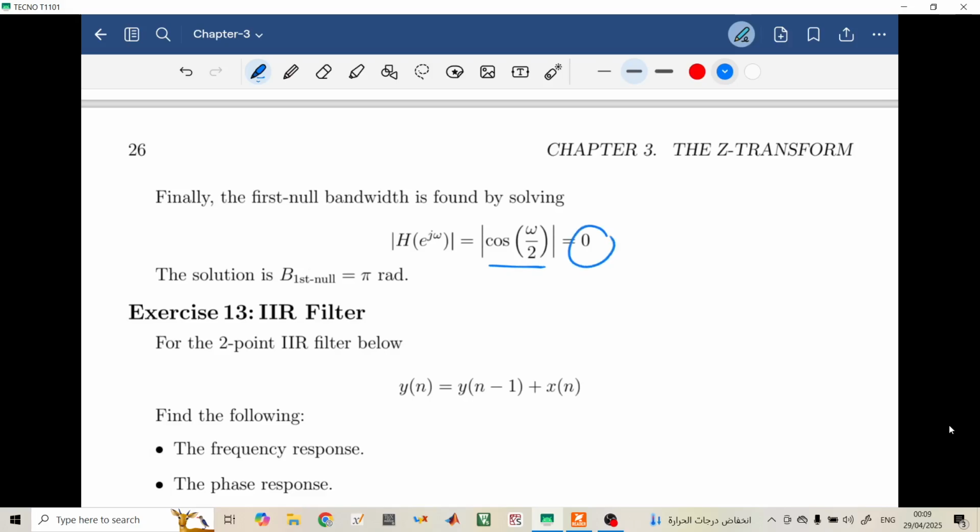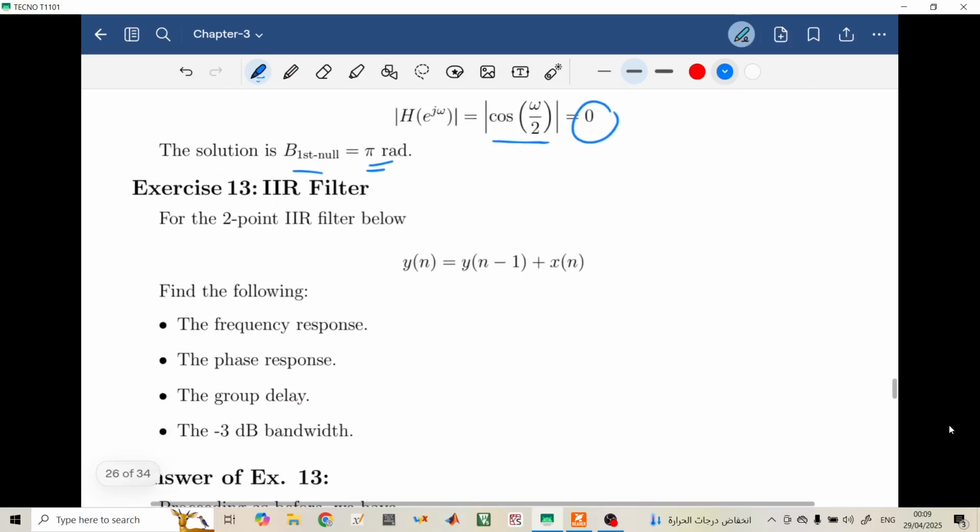It's simply omega equals pi radian, so the first null bandwidth is from 0 till pi. Okay, now let's take another example here.